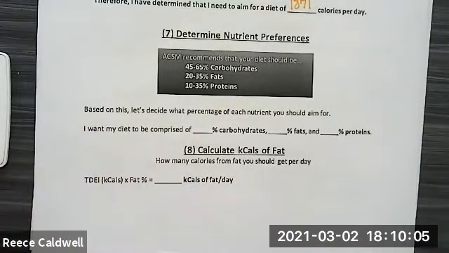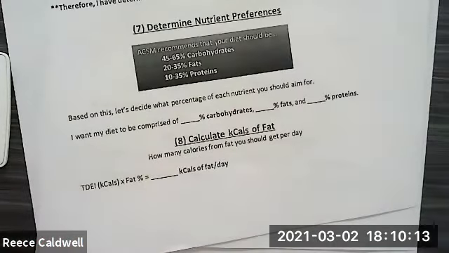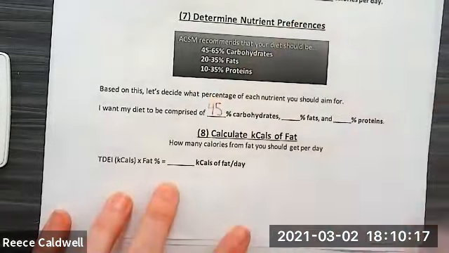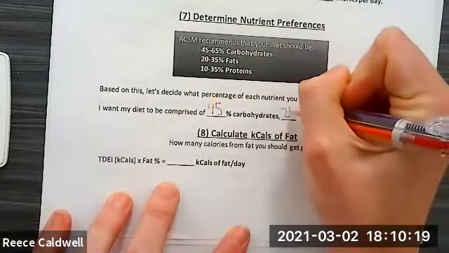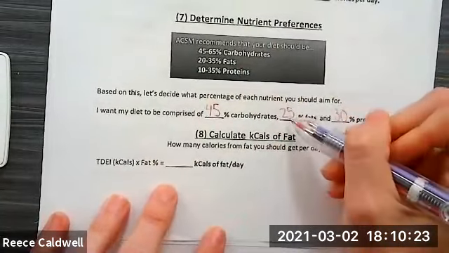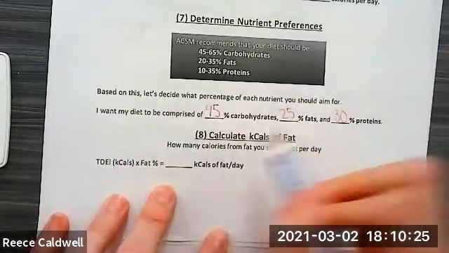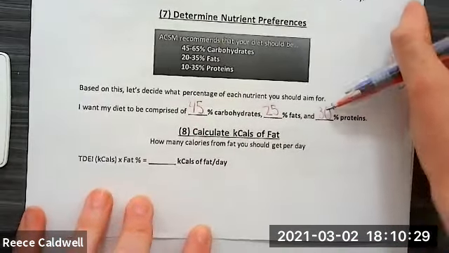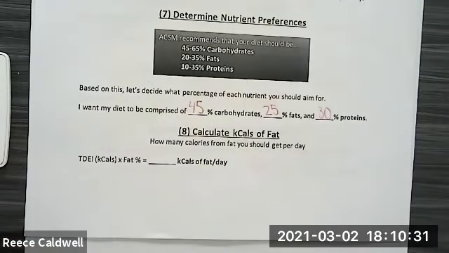So Kai, after she and I discussed what type of exercise she prefers, we decided that she should aim for 45% carbohydrates, 25% fats, and 30% proteins. She does like to run, so we added a little bit more fat and a little less carbs. To lose some weight, we upped the protein.